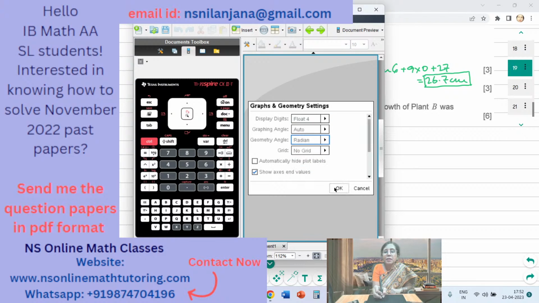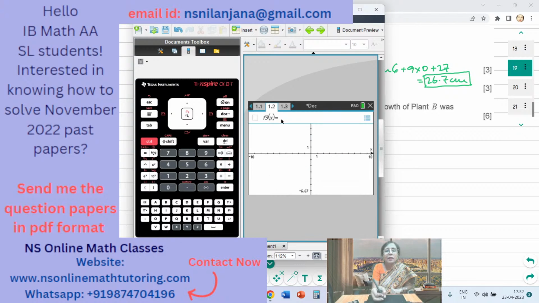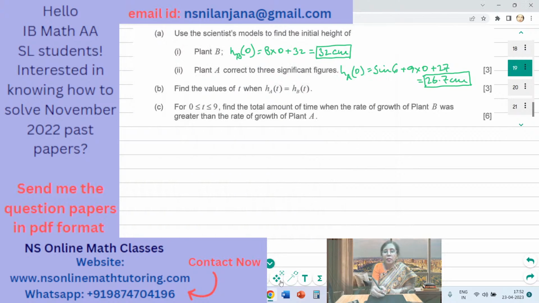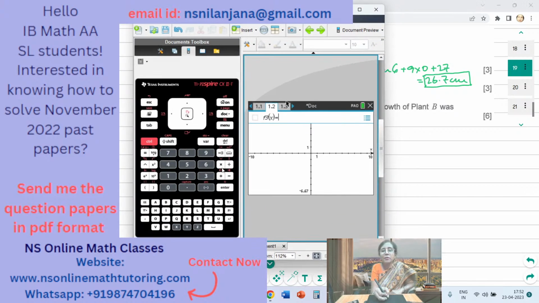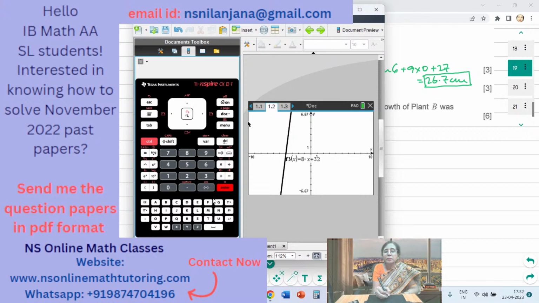Change this to radians. And what was HB of t? I'm seeing over here, it was 8t plus 32. Let us draw that first. So it is 8 times x plus 32. Enter.